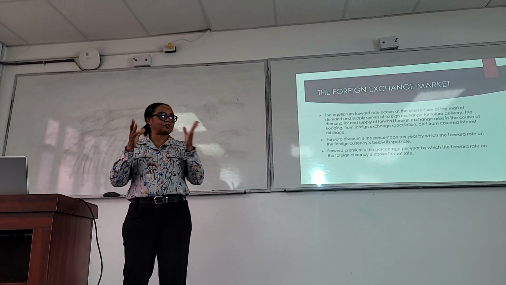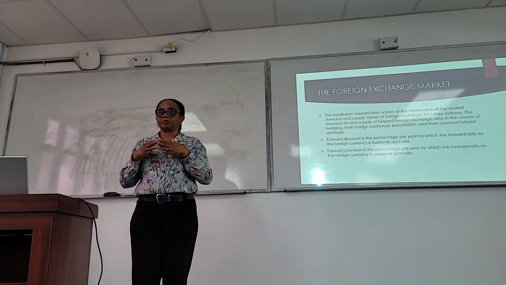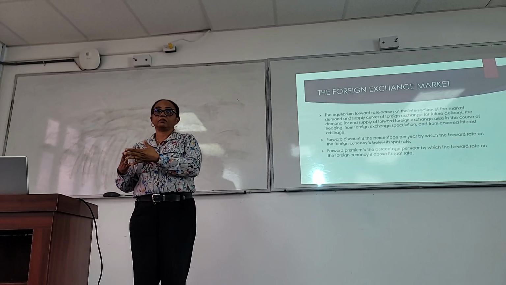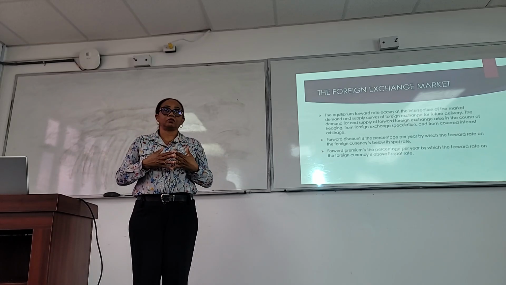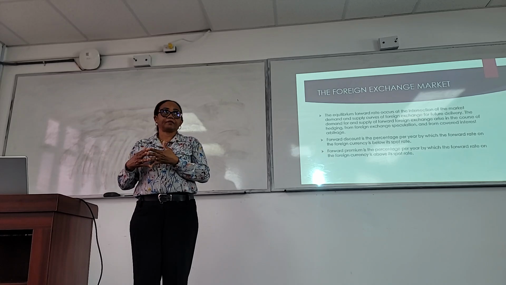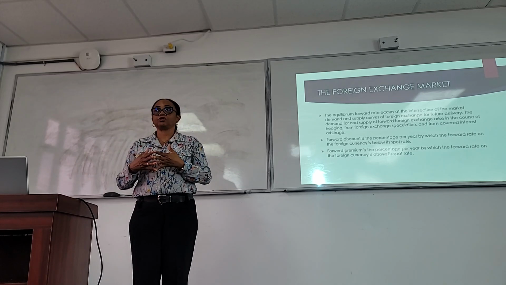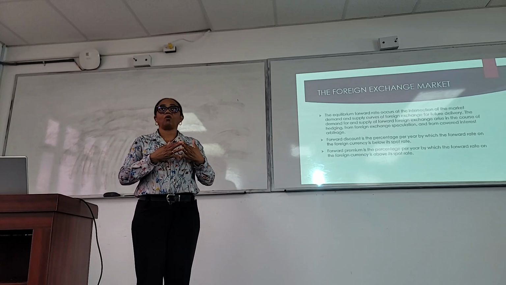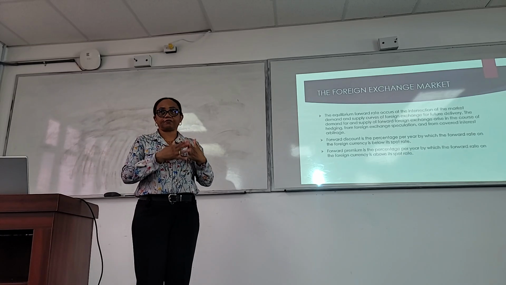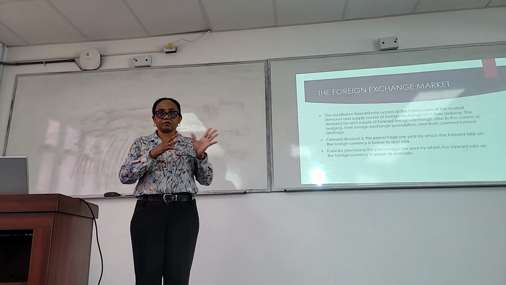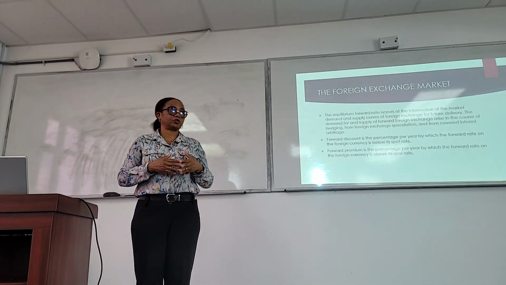Right? So they don't know what the rate is going to be. And so Boeing will protect itself by entering into either a forward contract for the purchase or a futures contract, right? And we'll look at the differences between forwards and futures.